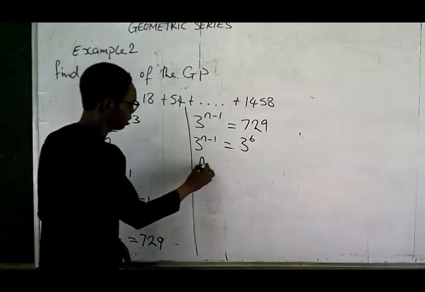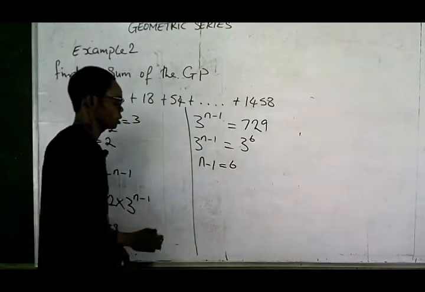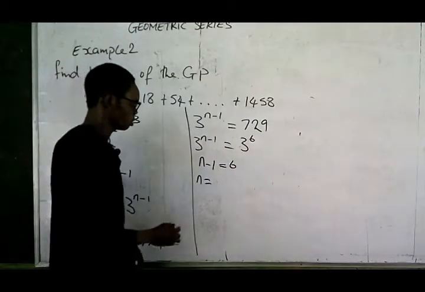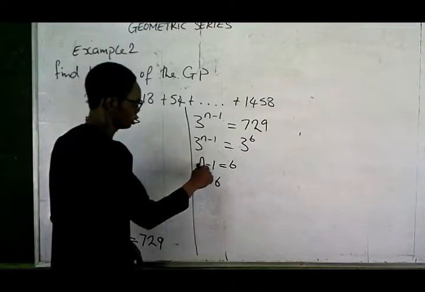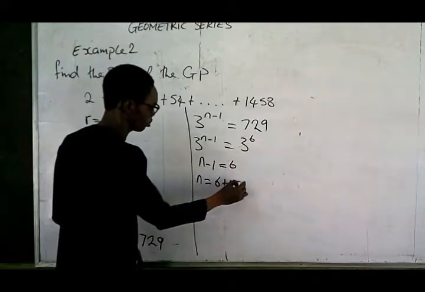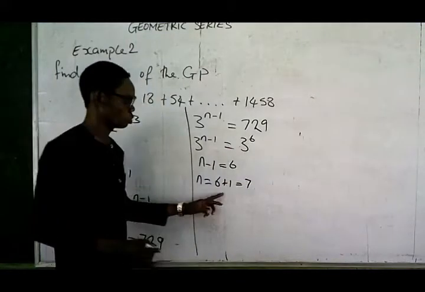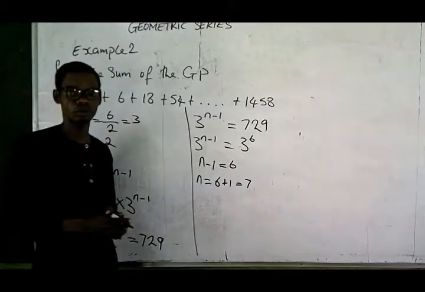Therefore n minus 1 is equal to 6. Therefore n is equal to 6, taking this minus 1 here, crossing the sign of equality becomes plus 1, which is equal to 7. So the number of terms is equal to 7.